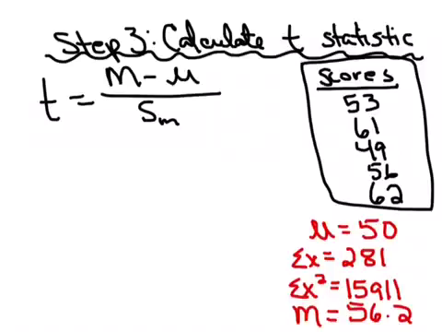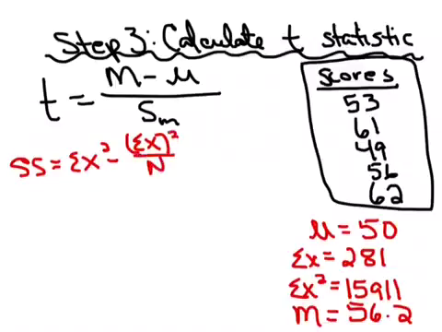Now we need to get a sums of squares so that we can get our standard deviation and then use that to get our standard error. So if you remember, sums of square is the sum of x squared minus sum of x total squared divided by n.